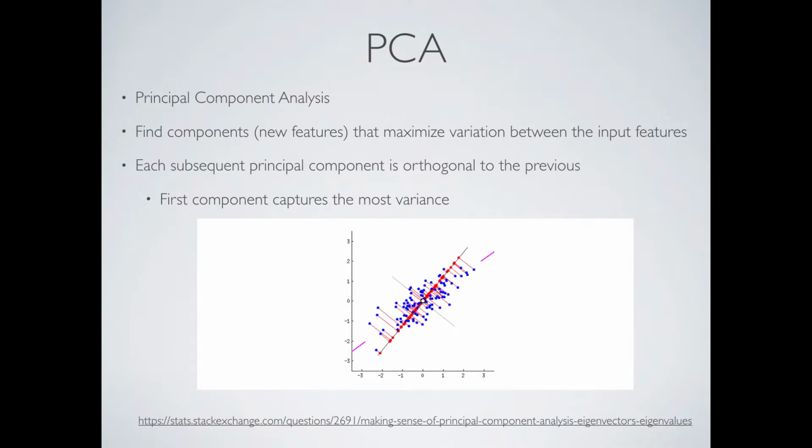The second component now captures the second most variance it could possibly capture, and then third, fourth, fifth, and so on. And what that does is, when you're capturing variance, you're actually capturing differences between your data points. So if you're trying to predict, let's say, two different class labels, those differences in your data points are probably going to be the differences that lead to whatever class you're trying to predict.